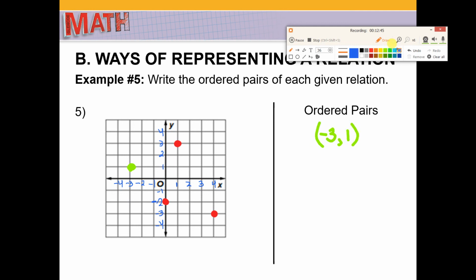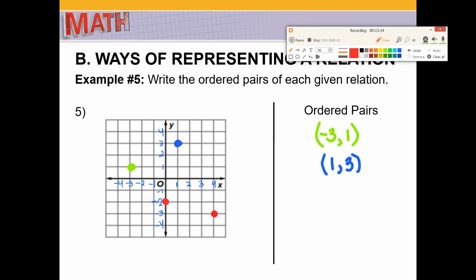Let's look at the second point. We have this point. Alright, in the x-axis, that is at 1, and in the y-axis, it's at 3. So that would be 1, 3. Let's look at this point right here.